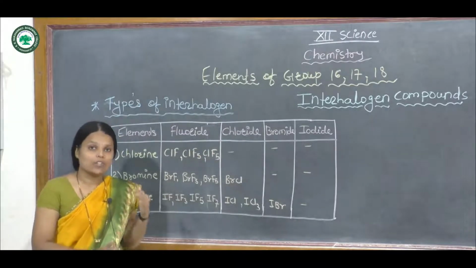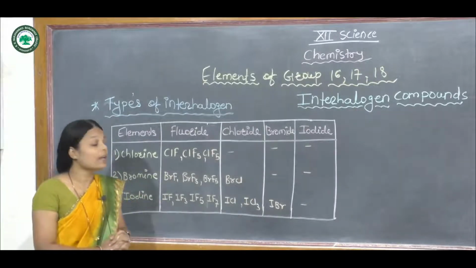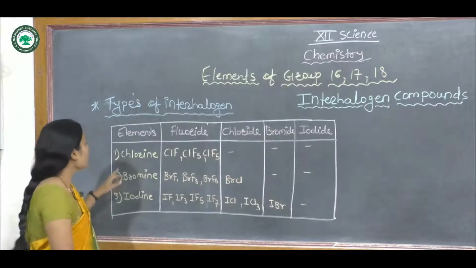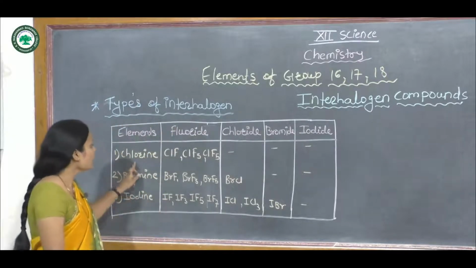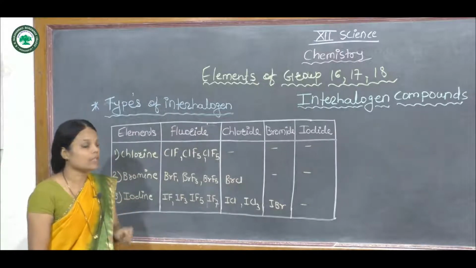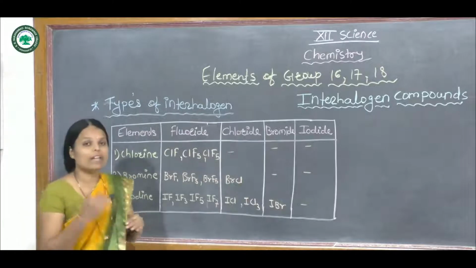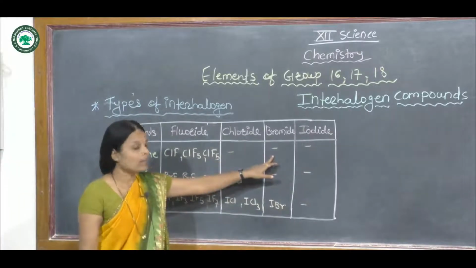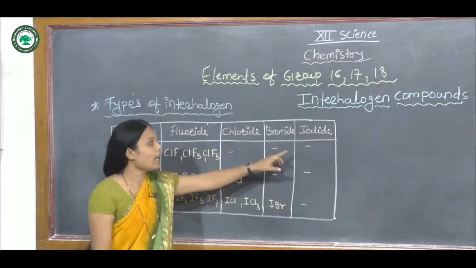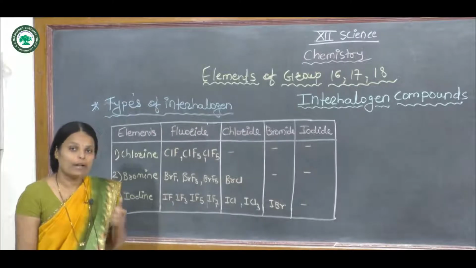They react with each other and form the interhalogen compound. This is the first type of interhalogen compound: chlorine reacts only with fluorine. Chlorine does not react with chlorine, bromine or iodine atoms. Chlorine reacts only with fluorine.